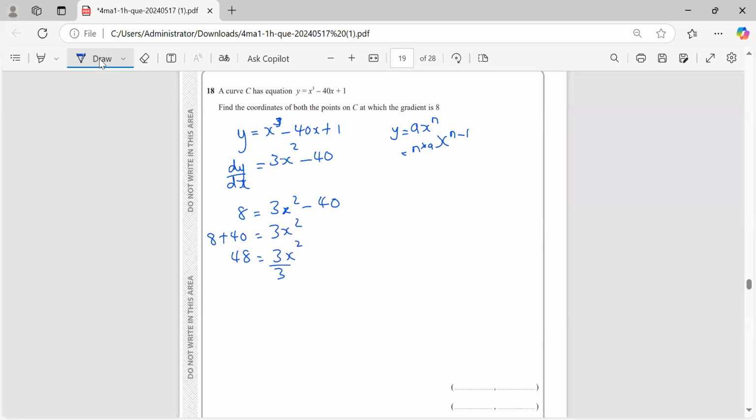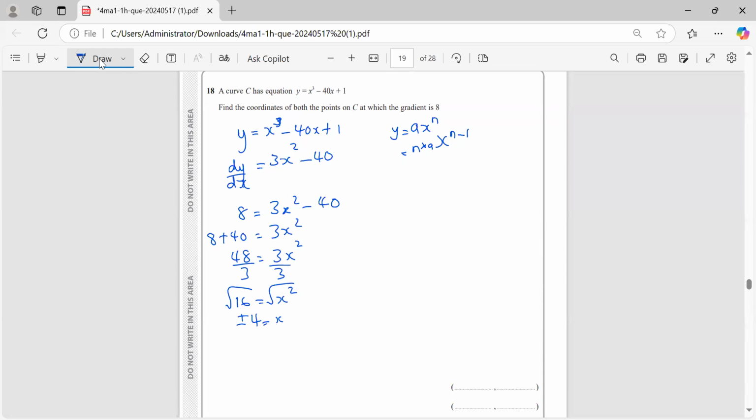I divide by 3 on both sides, and this gives me 16 is equal to x squared. Find the square root of 16, so x is plus or minus 4, because if you square positive 4, you get positive 16, and if you also square negative 4, you also get positive 16.